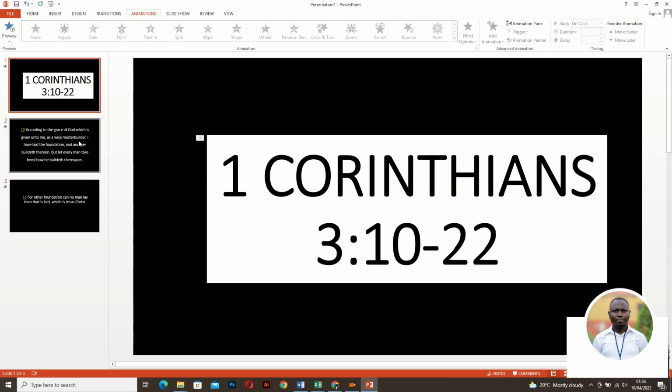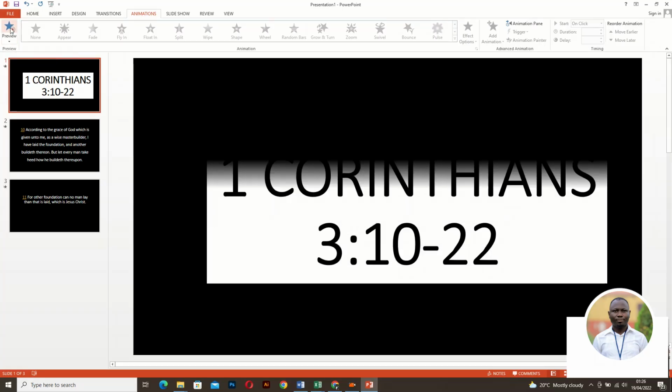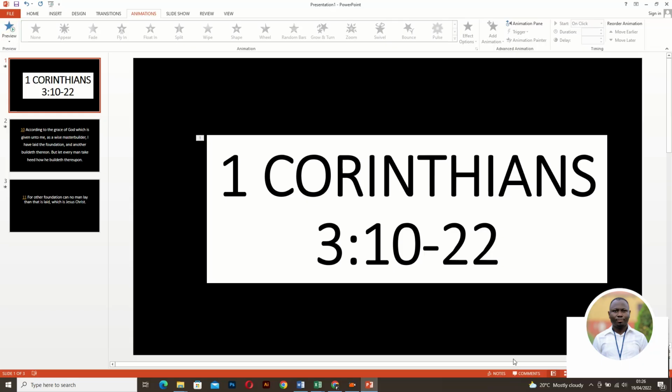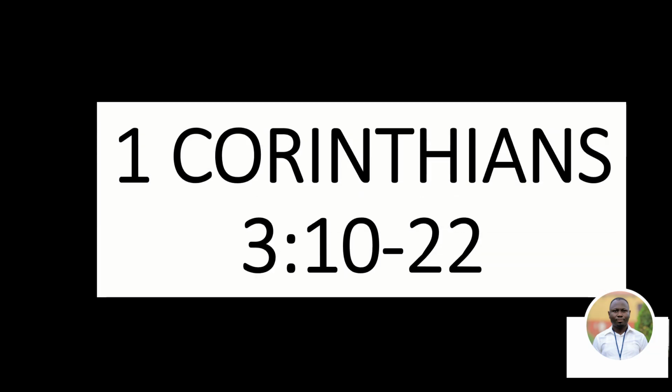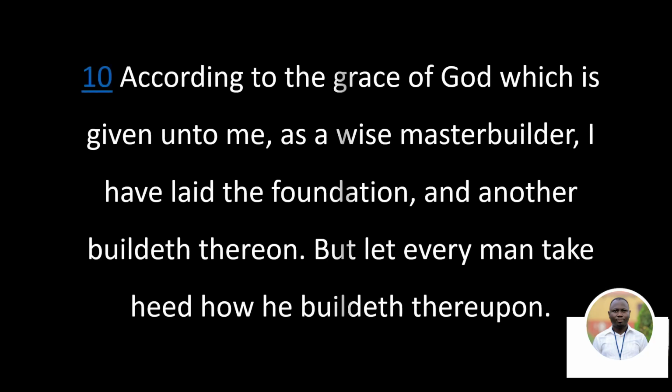So up to now, this is how our presentation looks. Let's have a preview of what is happening. Let's come to Slide Show down here. When we press Slide Show and press the right arrow key, you see how our presentation is looking up to this far.